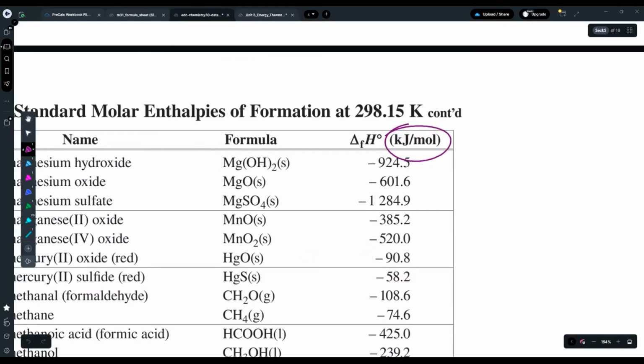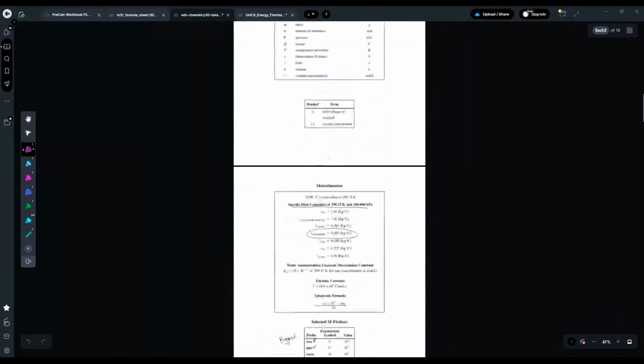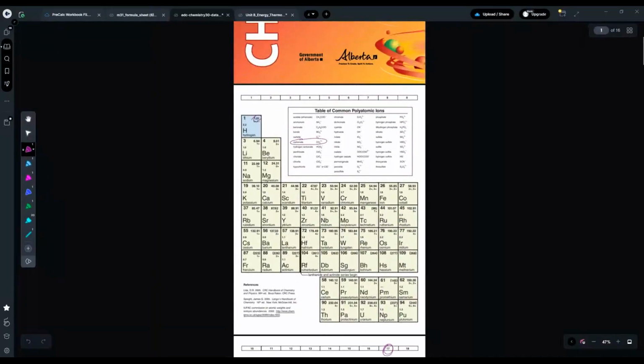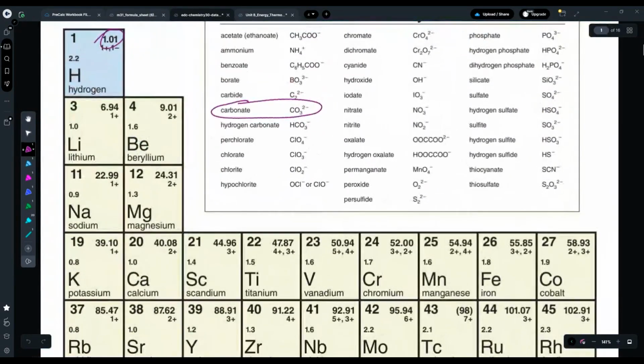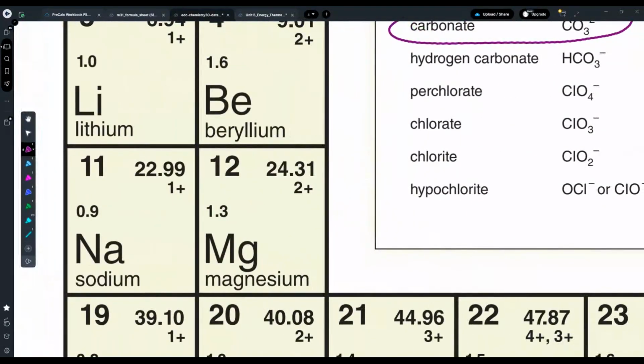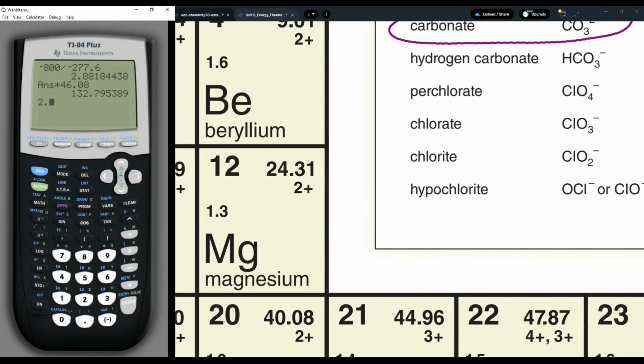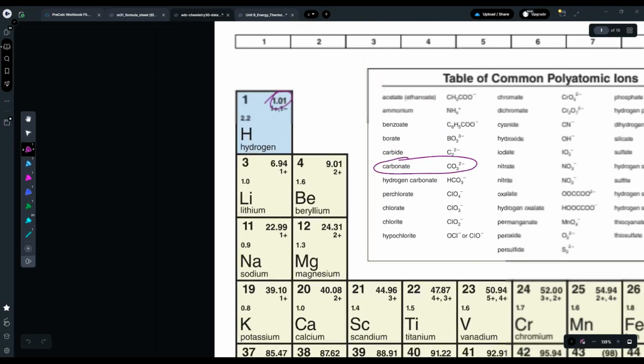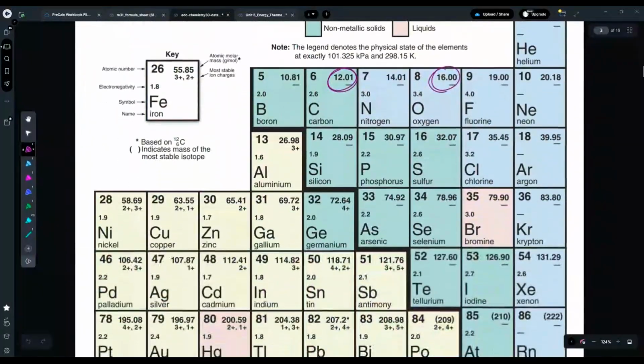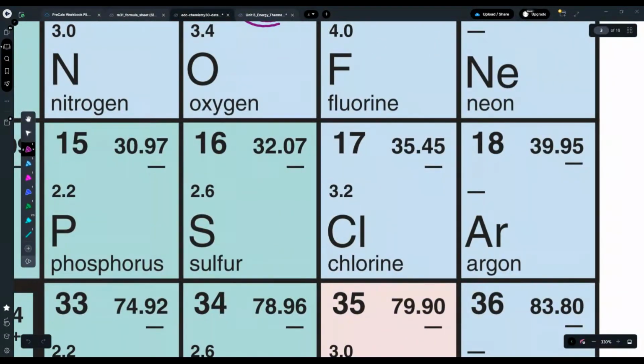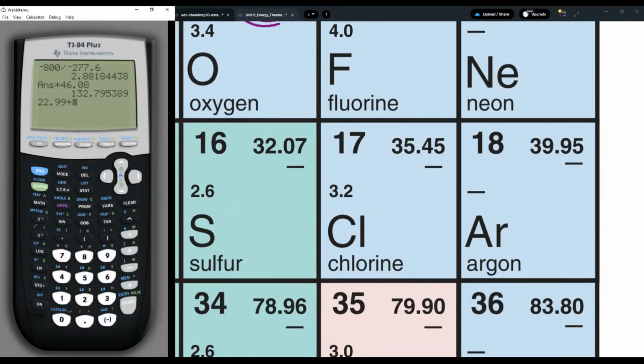So if I look at my periodic table, what we're going to be doing is taking 22.99 and then adding it with chlorine, or chloride because it's an ion here, 35.45.